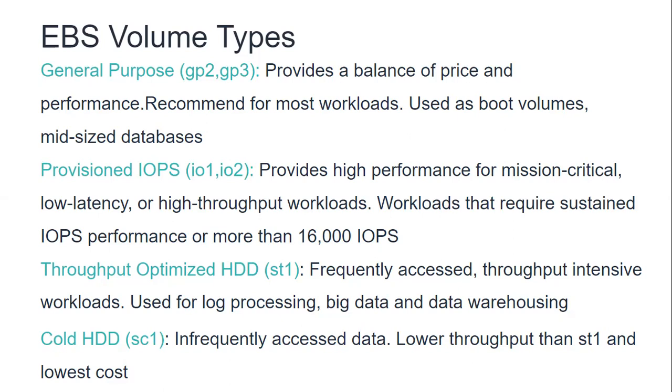So if you run an application that does a lot of inputs and outputs, and you need more than 16,000 input and output operations per second, then provisioned IOPS is the way to go. Other than that, you can go for general purpose. General purpose will give you IOPS also, but it will not exceed 16,000.